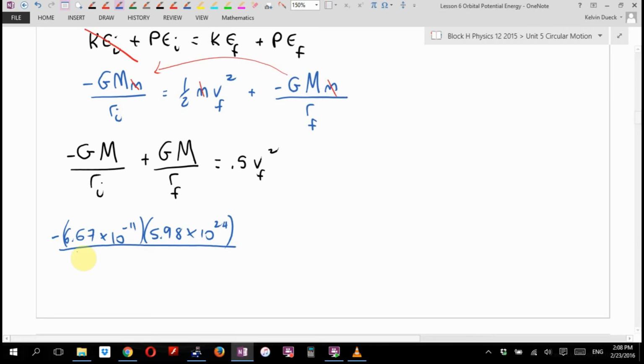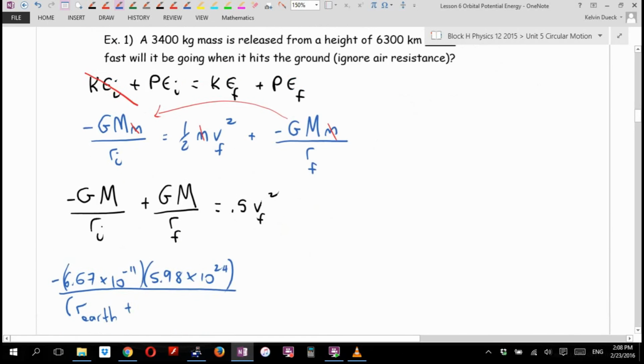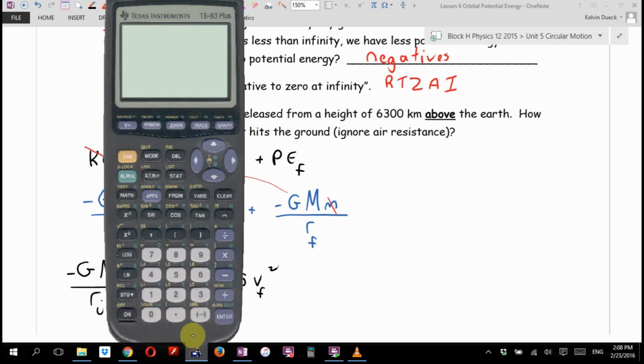Okay, so my initial radius is going to be the radius of the Earth, 6.38 times 10 to the 6, plus, well, 6,300 kilometers times 1,000. 6.3 times 10 to the 6th. Is that right?